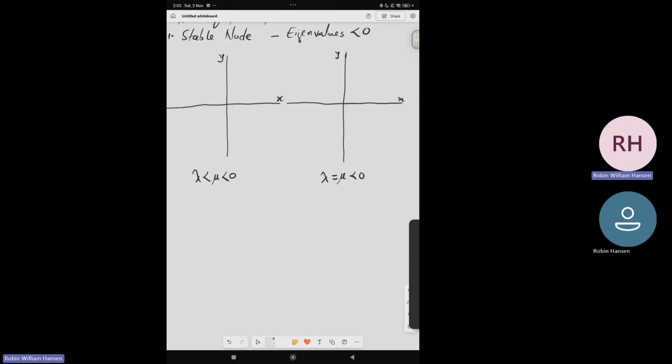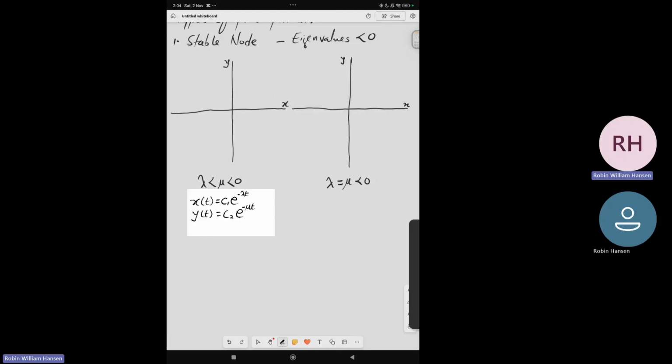So if our eigenvalues are less than 0, our solution curve will be given by x of t is equal to this; this is how the solution of our system is given.